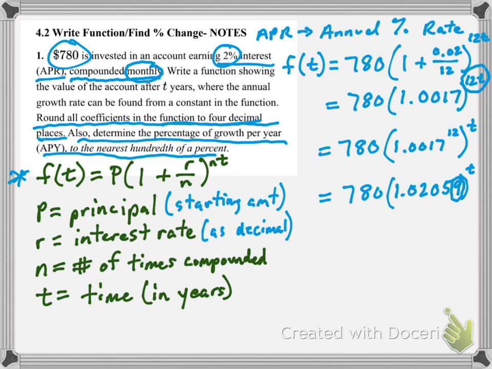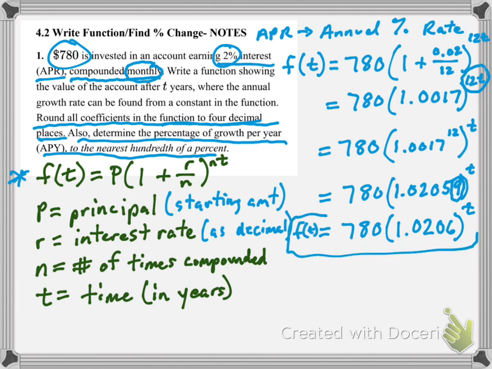So what does 9 do to 5? Well, it rounds it up. So it's 1.0206 to the t power. Okay? So, this is our function. That's the function. That's the first thing they wanted.